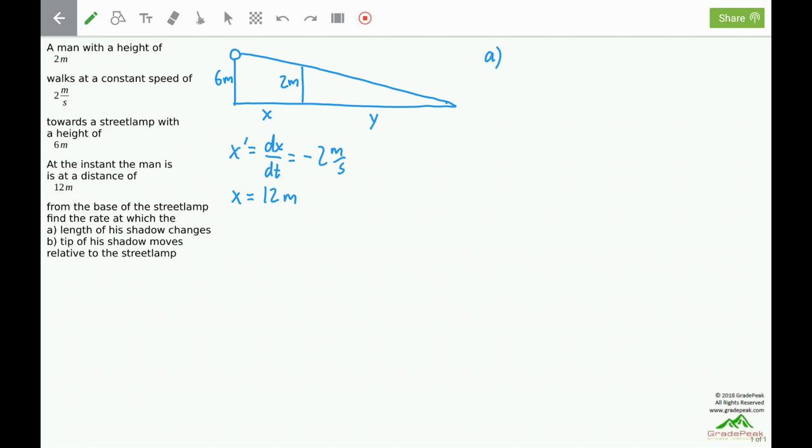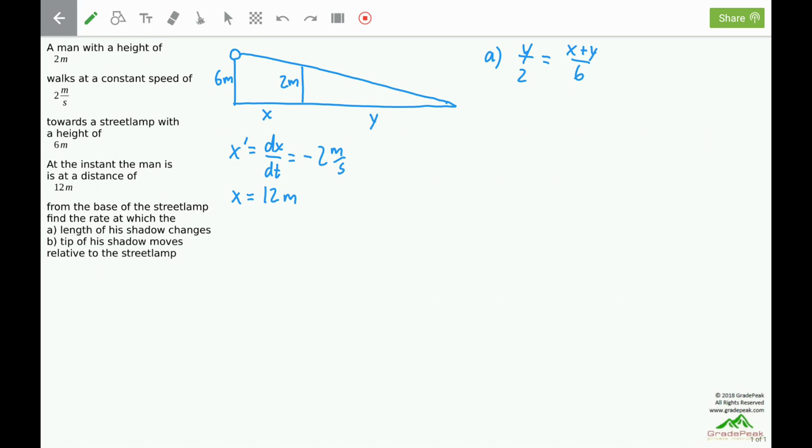So the base of the smaller triangle, y, to its height, 2, y over 2, equals the base of the bigger triangle, x plus y, over the height of the bigger triangle, which is 6. There's our related variables equation, though we can simplify this.